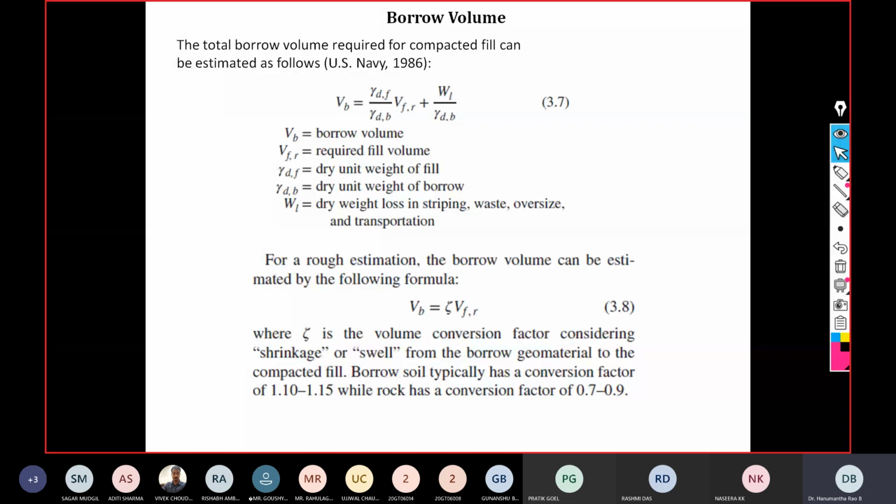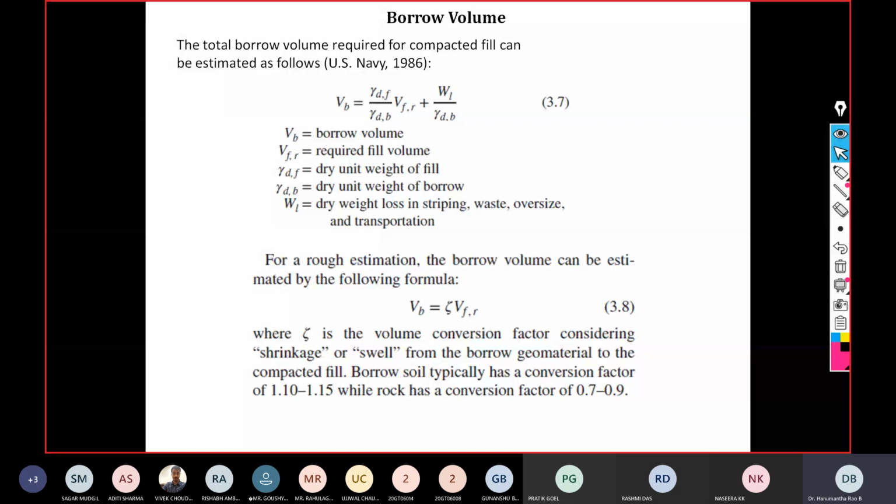So a rough estimate: you can use equation 3.7 and the conversion factor. For soil, we can use a factor of 1.1 to 1.15. That means you need to excavate 1.1 to 1.15 times of V at the borrow area.